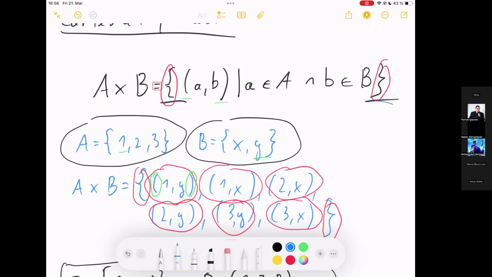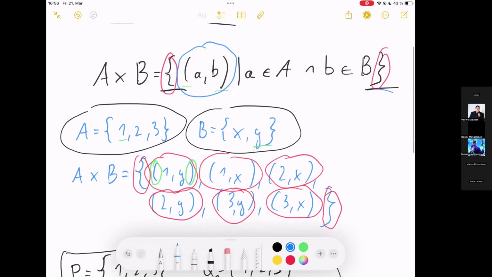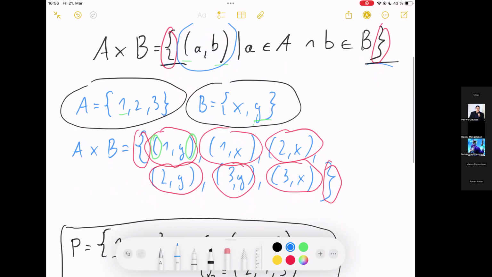The tuples are this thing here of A and B. So A must be from set A and B must be from set B. So A and B have an order, but finally we will have 6 tuples because we have 3 elements in A and 2 elements in B. So one combination would be 1x, 1y, and so forth. And we have these 6 tuples in our set, but the order of these tuples doesn't matter.